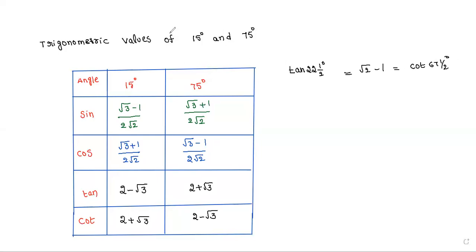So actually how to read these problems? 15 degree, 75 degree. Again, explain. Sin 15 degree is simply root 3 minus 1 by 2 root 2. Sin 75 degree is root 3 plus 1 by 2 root 2.